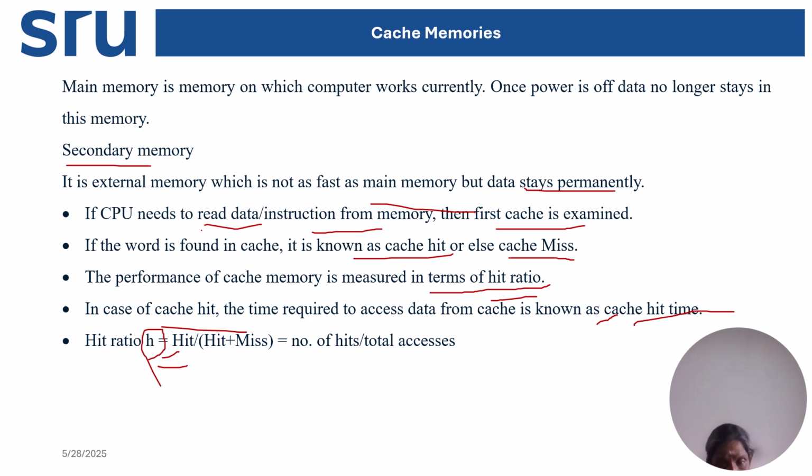Total number of hits that happened plus total number of misses that happened, the addition of both, means the total number of accesses that happened from the cache memory. So hit is the number of times the data is available, and hit plus miss is the total number of accesses the CPU has done.